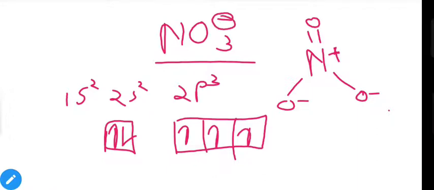So just like the previous example, the same type of electronic configuration will be observed, but the main difference is we have 1 electron less, and nitrogen cannot use its d orbital. So we have to form all of these bonds in the given 4 orbitals only. So nitrogen will share its electron pair with one of the oxygens. That means with this oxygen, complete bond formation is due to the electrons of nitrogen.